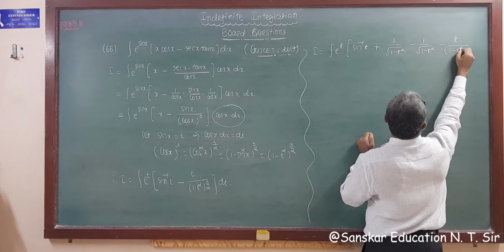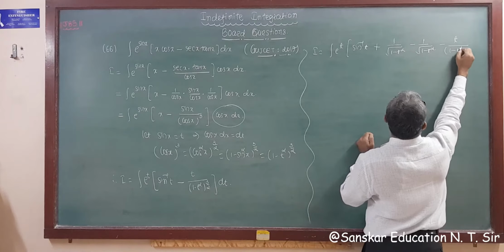So keeping sin 10x as it is, and the integration of this is the integration. I am writing the steps because you will not understand what was done otherwise, right? Minus the integration of d/dx of this. So d/dx of sin 10x is cos 10x into 10, and the integration of sin raised to 9x into cos x dx, bracket over dx, right?